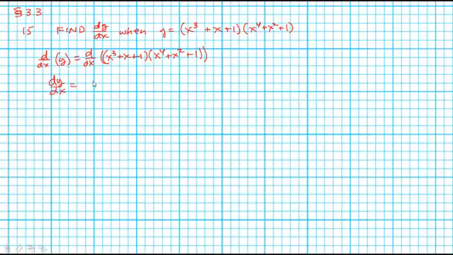If we're using the product rule, we'll start by saying first times the derivative of the second plus the second times the derivative of the first.